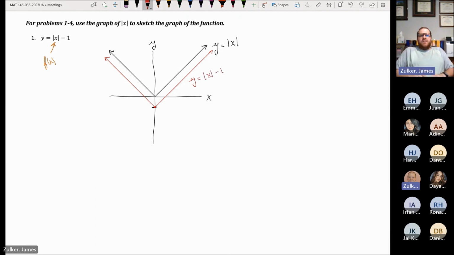So then that would be the graph of absolute value of x minus 1.